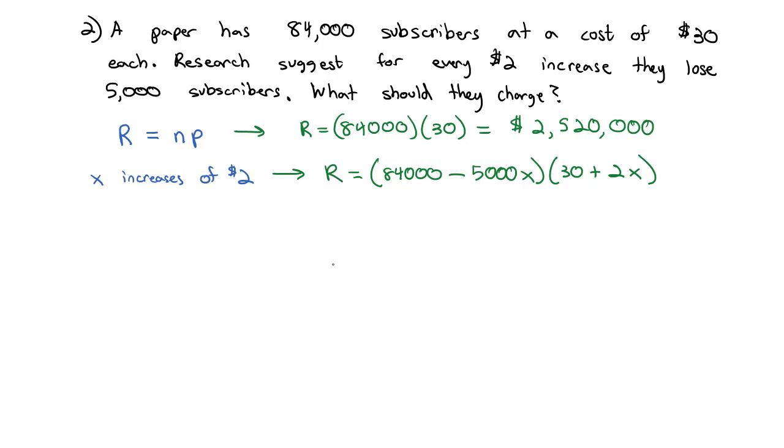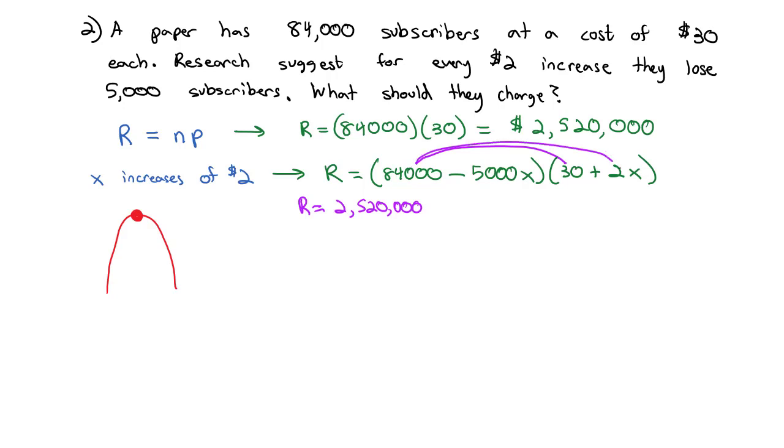We want to maximize our revenue. It turns out that this is going to be a quadratic, and the maximum revenue is going to happen at the top. So that is the vertex. But this isn't in standard form right now. We have to get to standard form, and the way we can do that is we can multiply out the right side. By distributing, we'll do 84,000 times 30. It's 2,520,000.